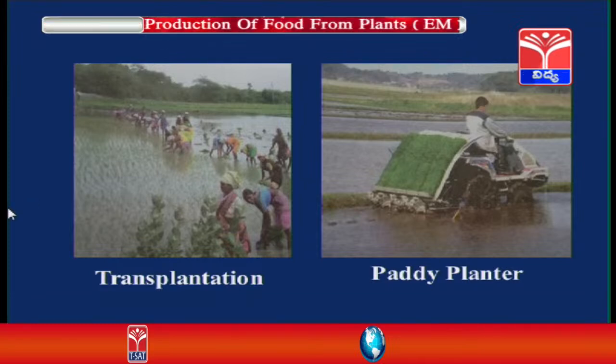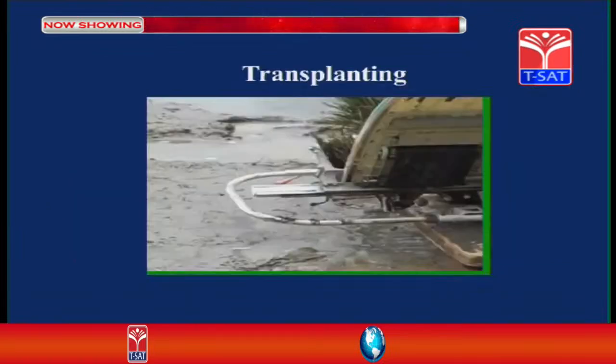Next, apart from this transplantation which is done manually, it is also done with the help of machines. They are called transplanters. Now I will play a video, you can observe how the process of transplanting is done.